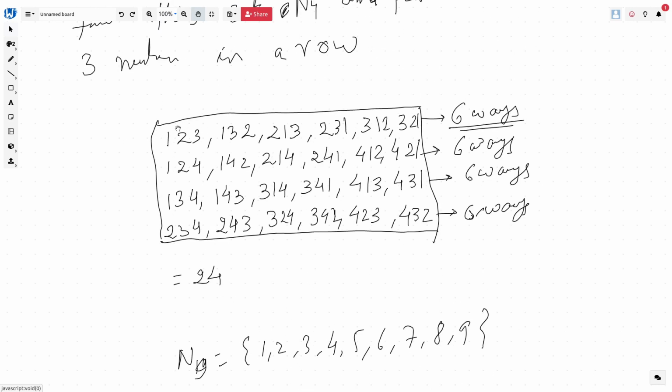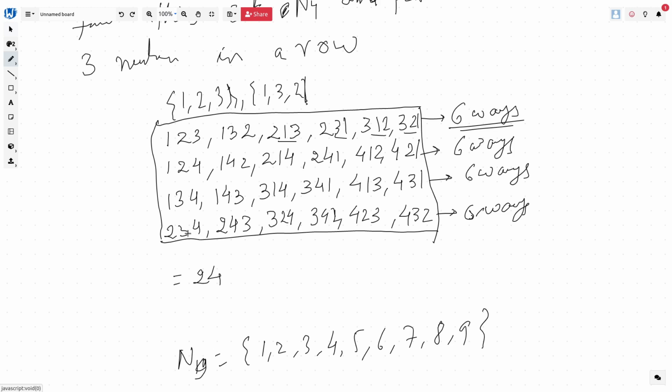Now if we have three elements, they can be arranged among themselves in 6 ways, such as 1, 2, 3. If we write it as a subset, it could be 1, 2, 3, which is the same as 1, 3, 2 and all these other ones, because it is only formed from the numbers 1, 2, 3.